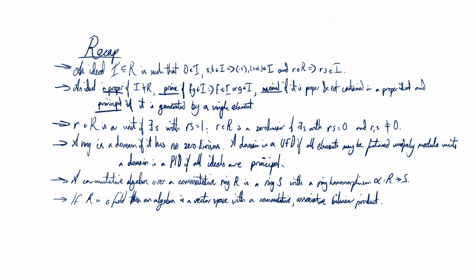A commutative algebra over a commutative ring you can define to just be a ring homomorphism, but the underlying set of the codomain is probably the best bet of how you should actually write things down. So, if R is a field, then an algebra is a vector space with a commutative associative bilinear product, which we will see later. It's a similar thing.